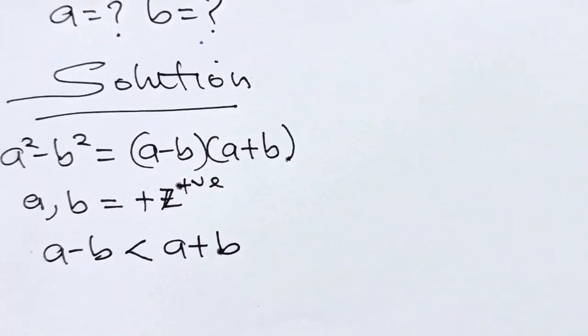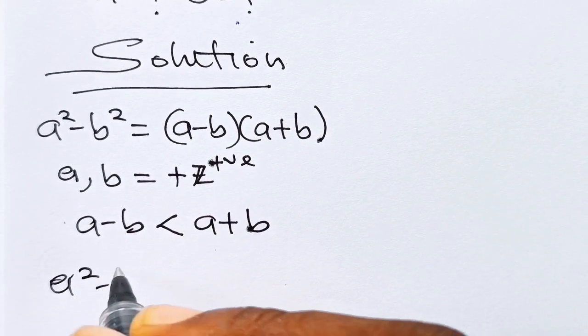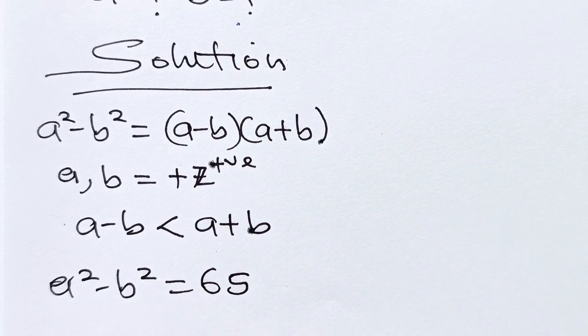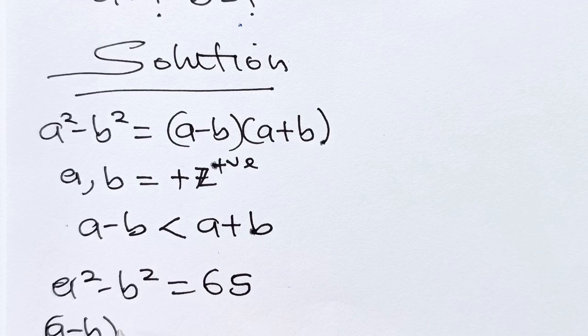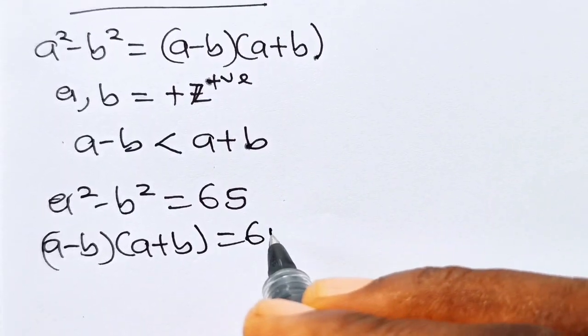Okay, now let's go back to the question. The question says a squared minus b squared is equal to 65. Now this means that (a minus b) multiplied by (a plus b) should be equal to 65.